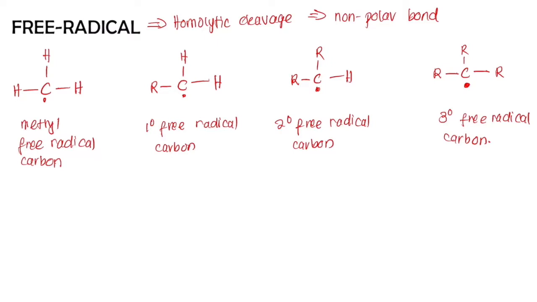Now, how about in terms of stability? In terms of stability of free radical, ini dia punya stability hampir sama dengan carbocation, where the more the alkyl group makes it more stable.